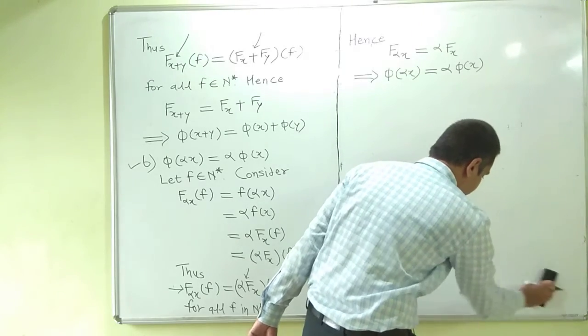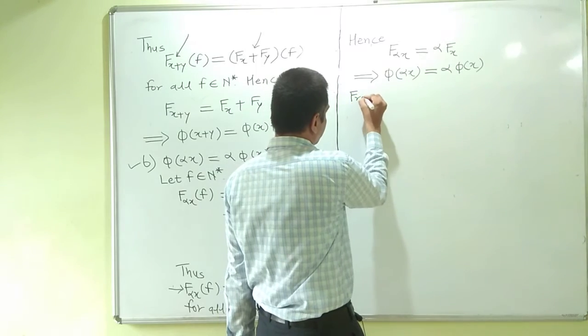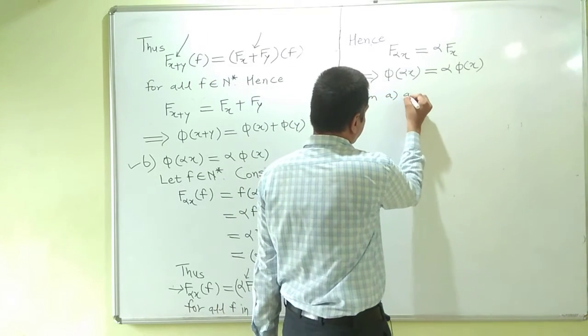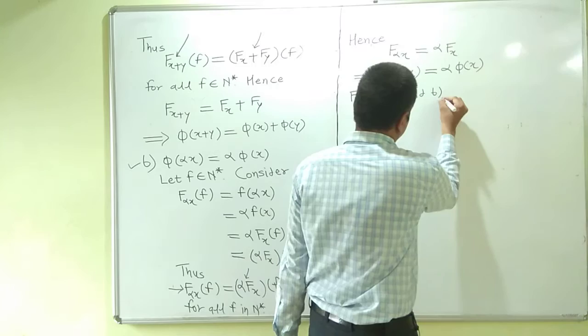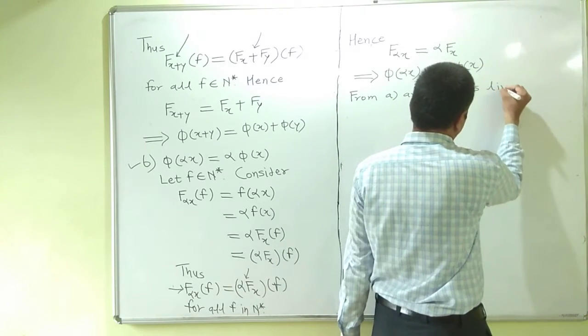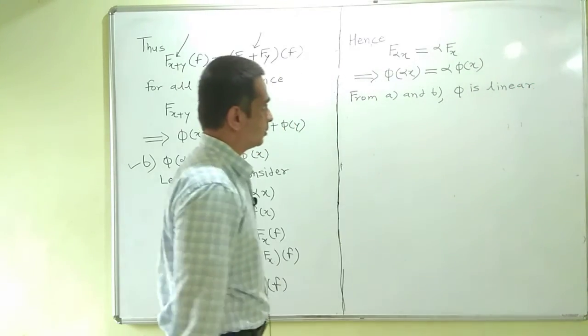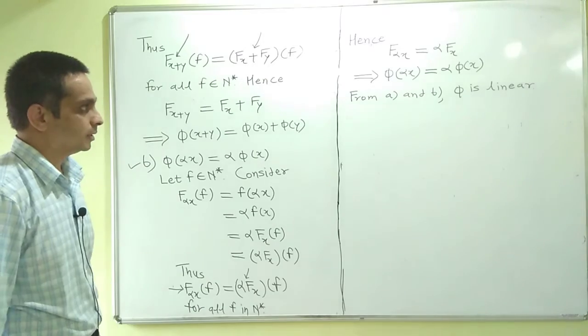From A and B we conclude that phi is linear. So the third property we are done with.